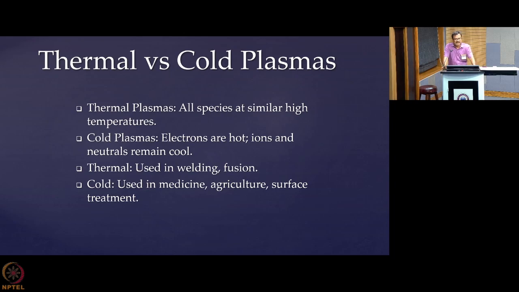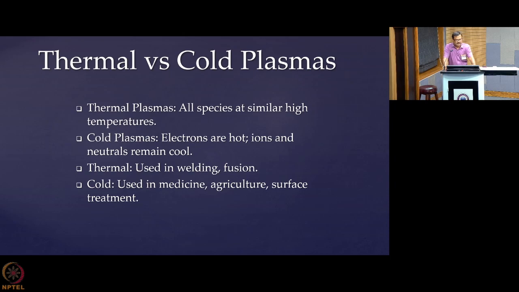All species, irrespective of whether they are ions, atoms or electrons, are at similar temperatures, and this high is with respect to our common experience of temperature that we can achieve in combustion, say around 600 degree, 800 degree centigrade. With respect to that, when you are talking about thousands of degree Kelvin, like 10,000, 20,000, that is high, but it is in no way high when you compare that with the millions of degree Kelvin that you observe in fusion plasma.